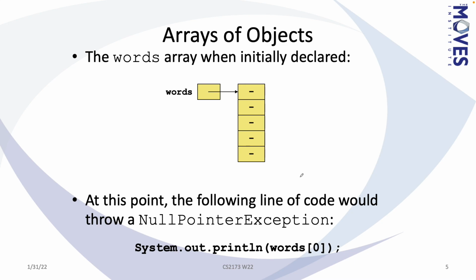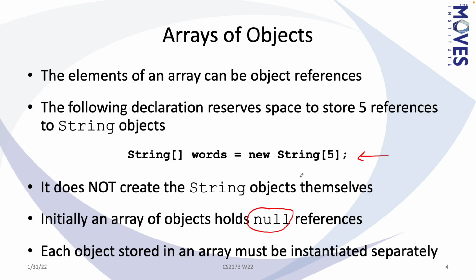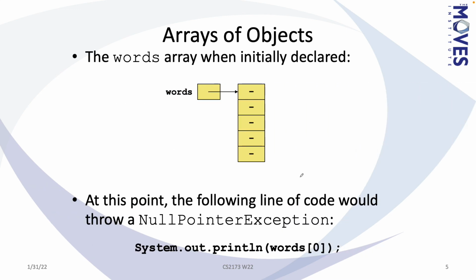Okay, this is a nice way to sort of think of it. In other words, in this particular case we've instantiated words, and so what we have done is we have created a reference.